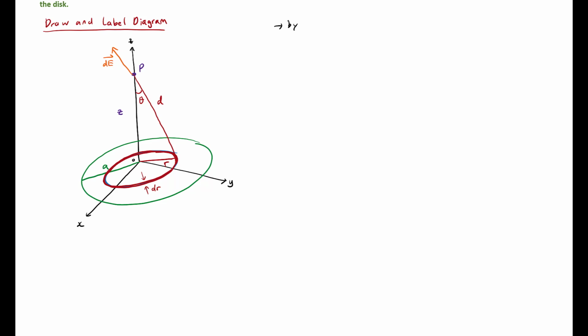So by symmetry, the E field due to the ring is only along the z-axis, since the x and y components cancel out.